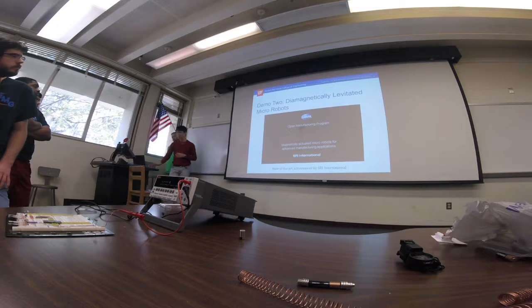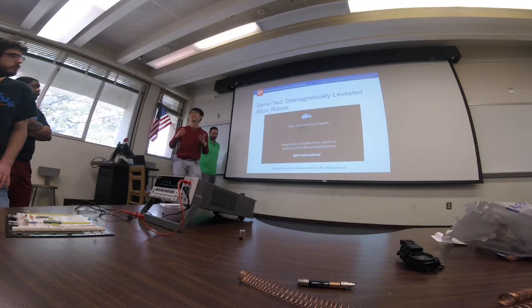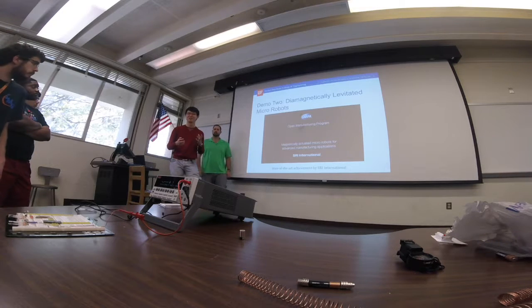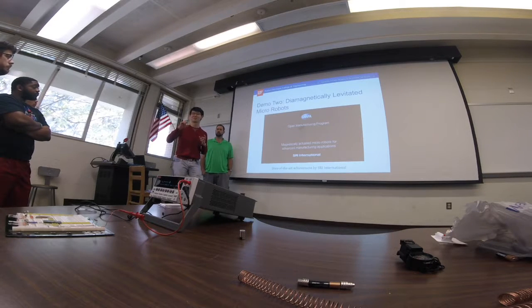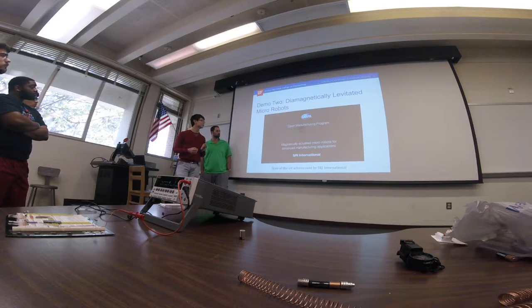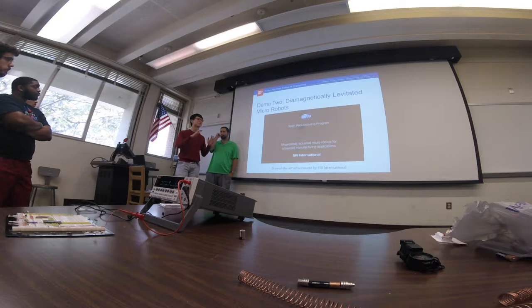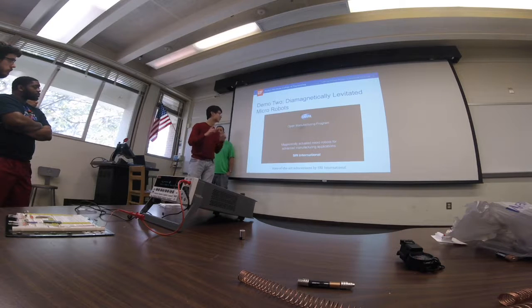Okay, we already showed you we can levitate a piece of graphite. Then we can levitate a piece of several small magnets. But we are talking about micro robots. And right now we can control something and let it move. But what's the difference between things that can move and controlled micro robots?